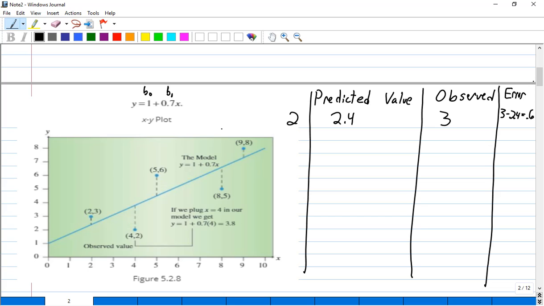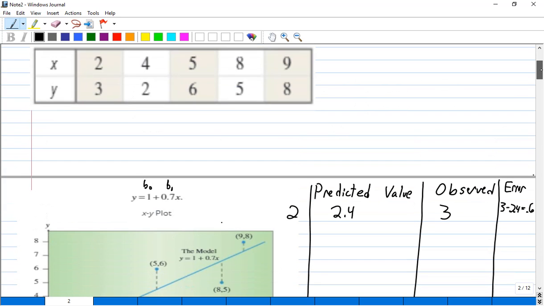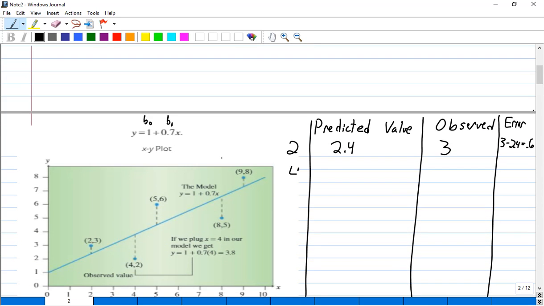All right, now let's look at the next x value in our table. That was 4. So for 4, where does the predicted value come from? It's always going to come from the equation. If I plug in a 2, that's 1 plus 0.7 times 2, which was 2.4.